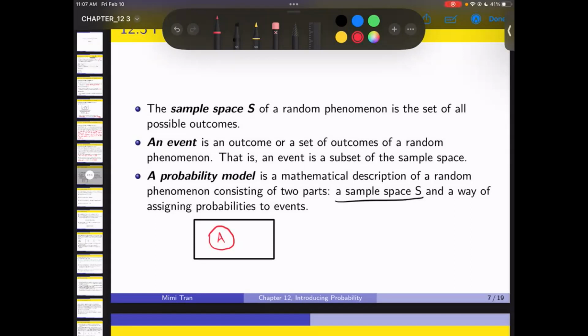Of course, it's not a mathematical description. A mathematical description would be P of A occurs. This is called the Venn diagram.